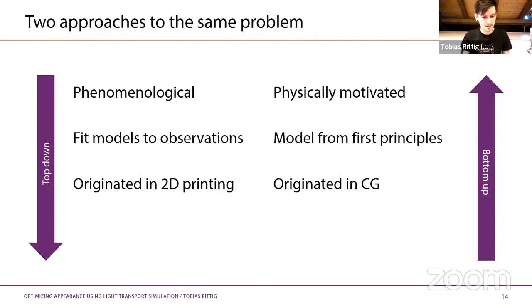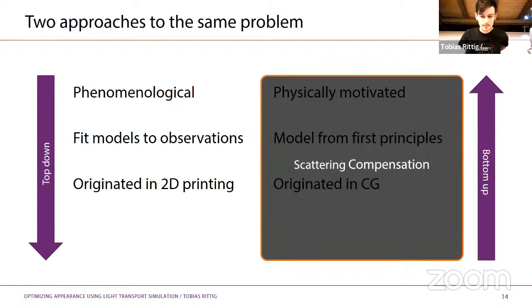That's why they developed both from the 2D printing world and in the computer graphics world. And you're very lucky today that you have speakers of both of these sides. Philipp is representing the left side here, and I will be now in the following talking more about the right side. And I hope we can have a very interesting discussion later on.